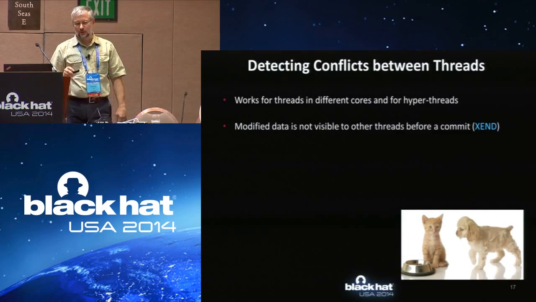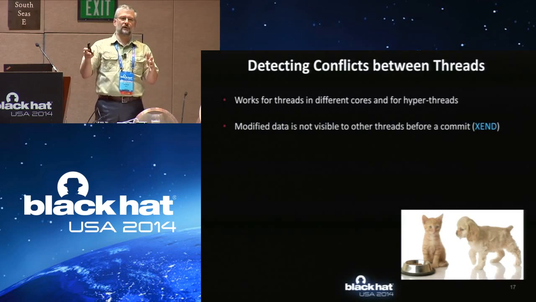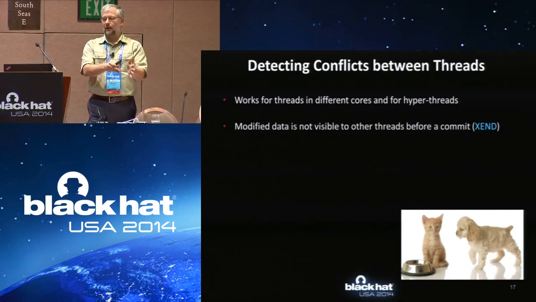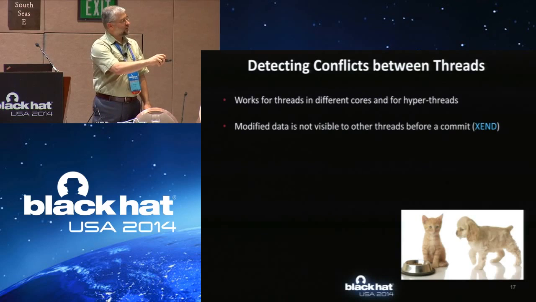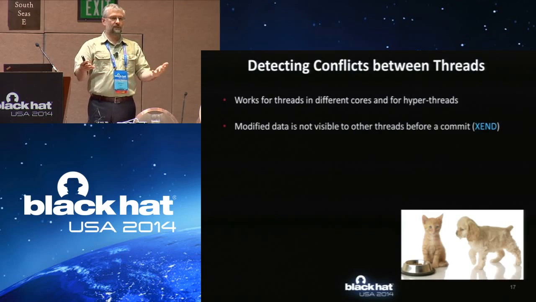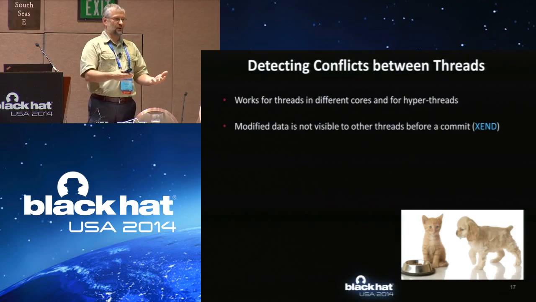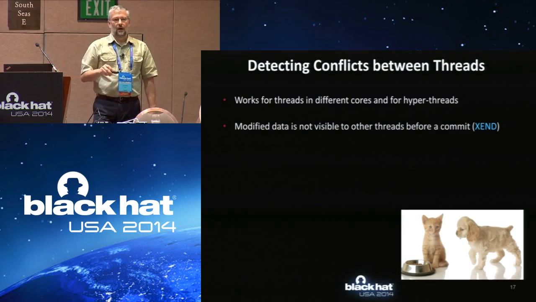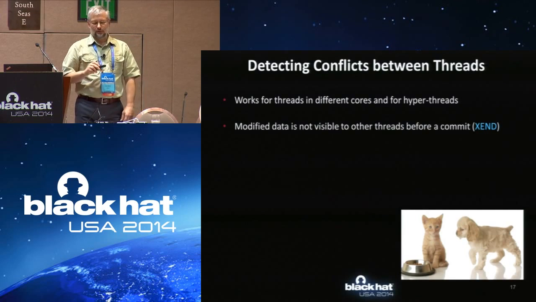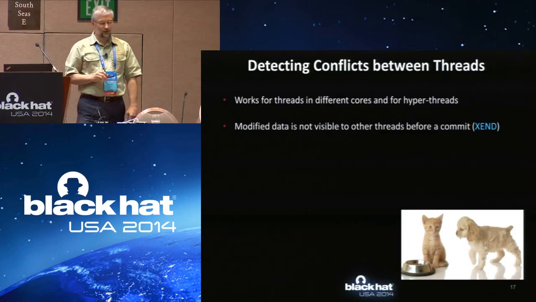And what actually happens if a thread is executing as a transaction and writes to a place in memory, before that thread completes a transaction, which is denoted with the XEND instruction, that write is not visible to the rest of the system. Which means, essentially, the CPU is executing these memory writes as a sandbox. And with a sandbox, we can do quite a lot of interesting security things.